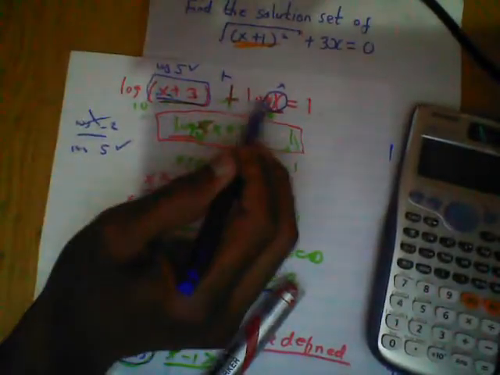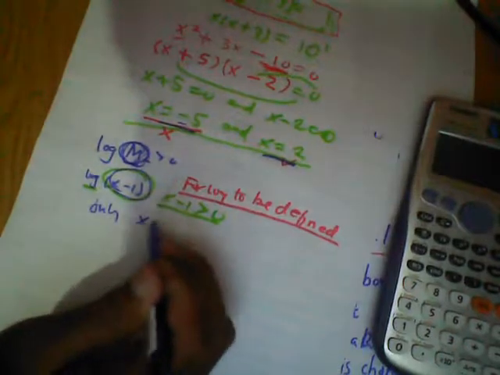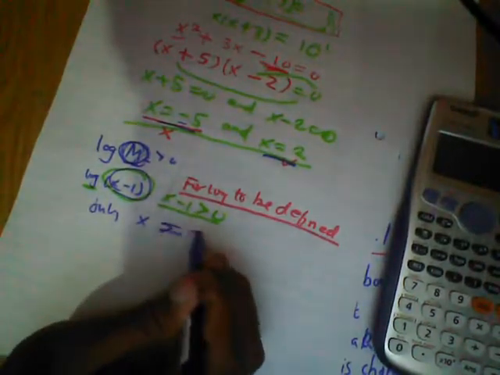Now we come here, log of x. 2 is going to work. Yes, it does work. So the only solution is x equal to 2, because x equal to 2 is greater than 0. This is our solution. Why?